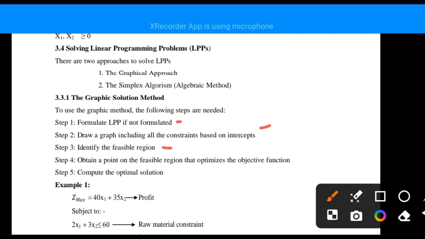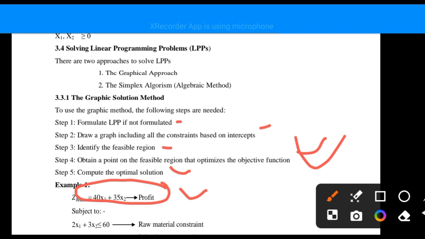At the last step 5, compute the optimal solution. Compute, substitute the values we obtained into the objective function.